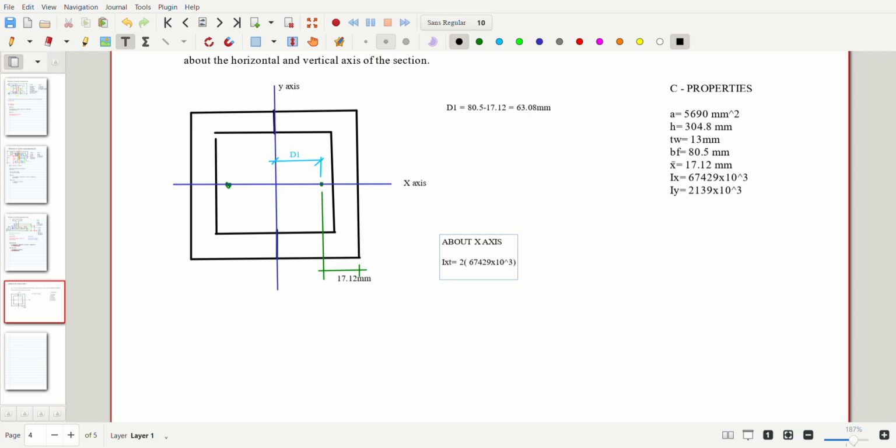xt equals 2 times 6, 7, 4, 2, 9 shift times 10 raised to 3.